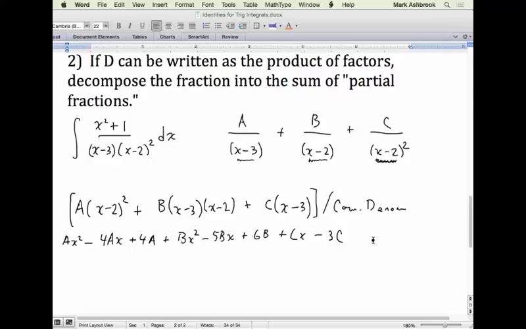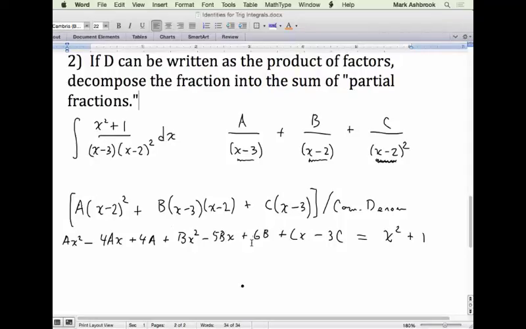Okay, check my math. Did I do it right? I think I got it. Agree? Okay, and what does that whole thing have to be equal to? X squared plus 1. Because that's our numerator. So we're figuring out what A, B, and C makes that thing equal to the numerator we have, x squared plus 1.